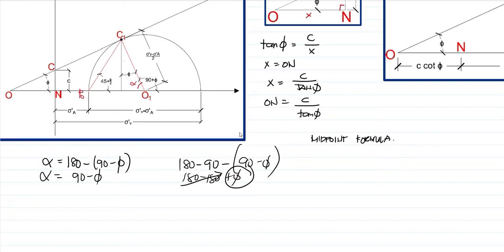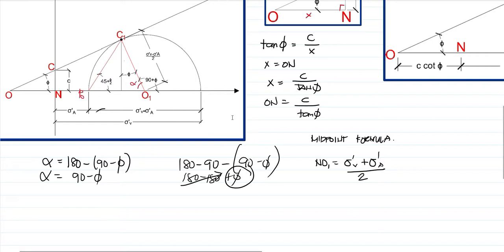So, yan yung sigma prime B minus sigma prime A. Pero ang kukunin nating midpoint will be sigma prime A tsaka sigma prime V. So, using sigma prime A and sigma prime B to get the midpoint of the circle, which is ito, and it is the center of our circle, we will have the value NO1 is equal to sigma prime B plus sigma prime A over 2. Ito ngayon yung formula natin for NO1.